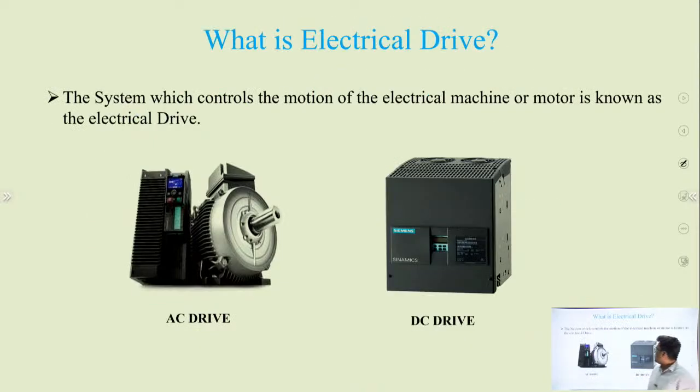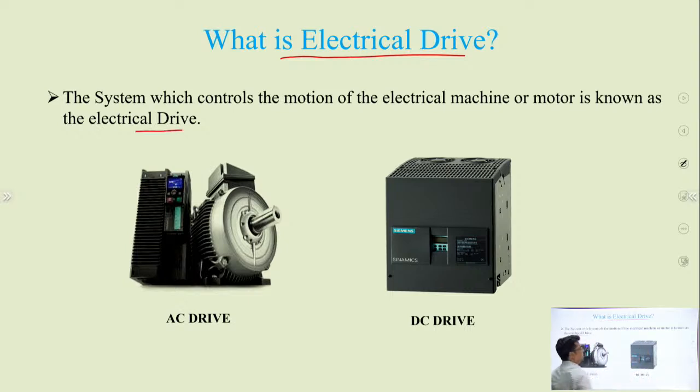So first of all, let us start the topic, electrical drive. What is an electrical drive? What do you understand by electrical drive? An electrical drive is a system which controls the motion of an induction motor, or the motion of an electrical machine or motor, and that is known as an electric drive.